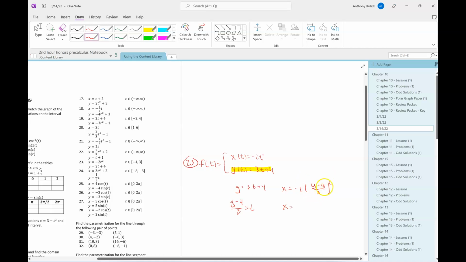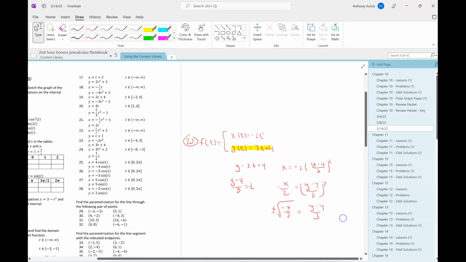And then to get the y by itself, I'd start by dividing by -2. And we'll square root both sides. Doing that's going to get us the plus or minus. And then we'll multiply by 3 and then add 4.